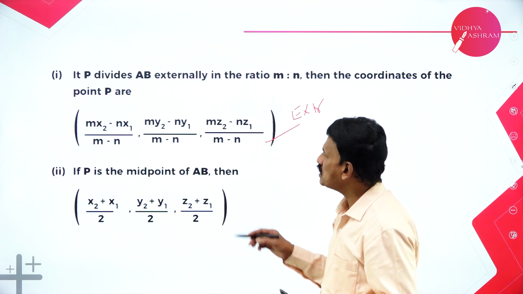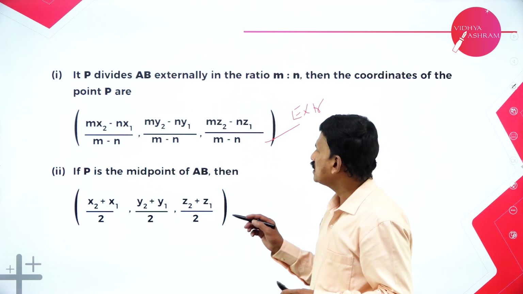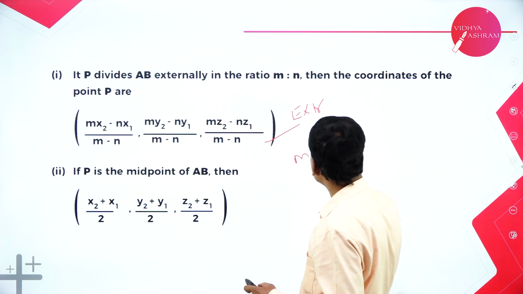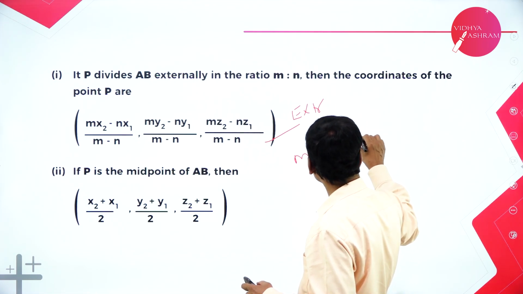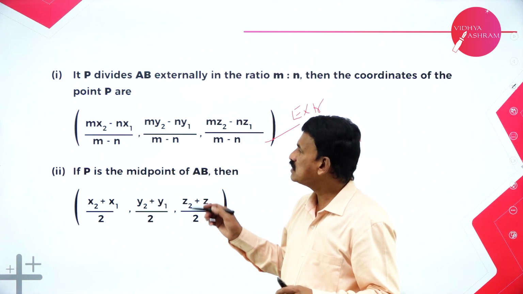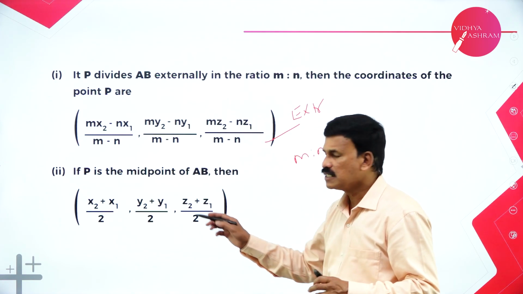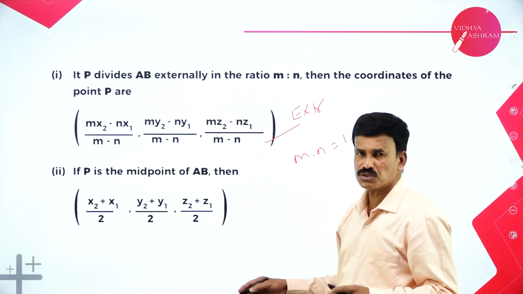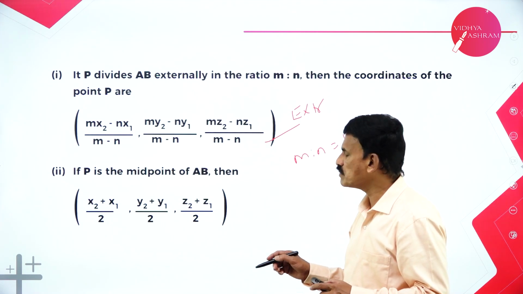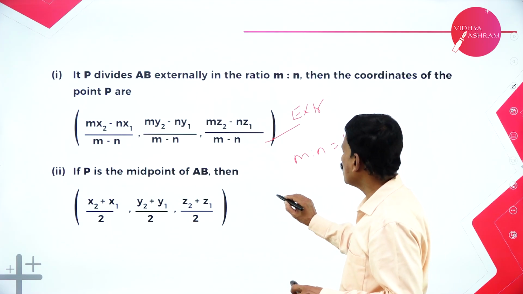Now, suppose P is the midpoint of AB, so it divides in the ratio m is to n equal to 1 is to 1. Then what happens internally? It becomes (x1 + x2)/2, (y1 + y2)/2, (z1 + z2)/2, which is called the midpoint.